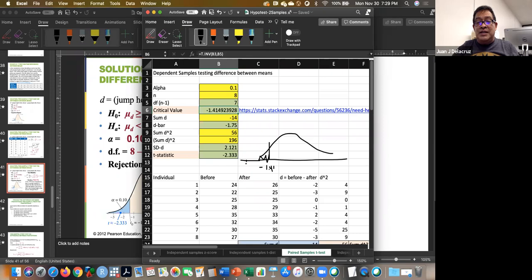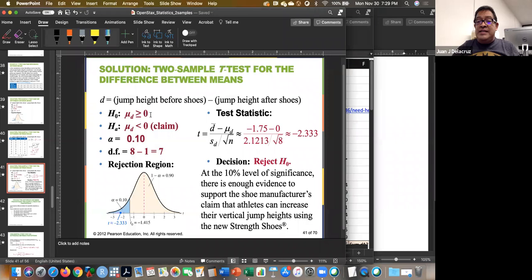So it's going to be something like this, minus 2.33, right? Here it is very clear that we are going to reject H naught. So we have enough evidence to support the claim.